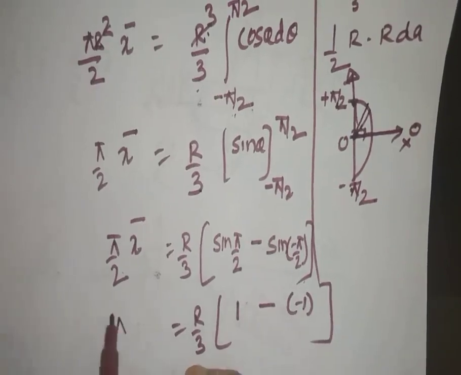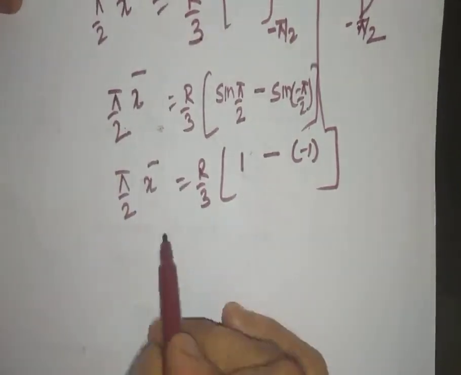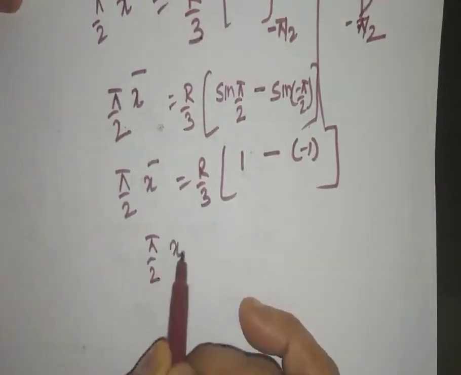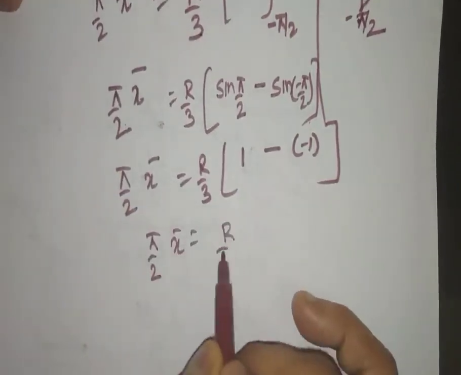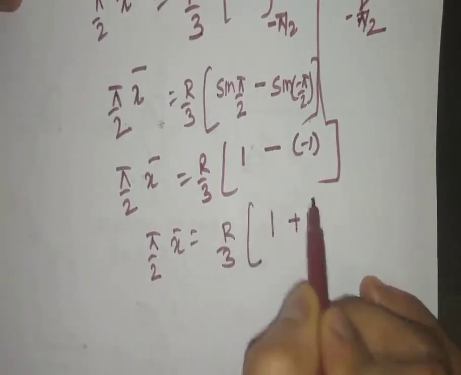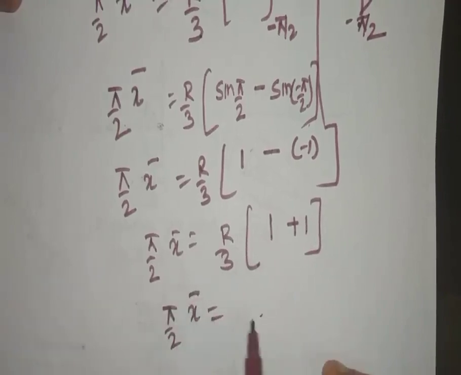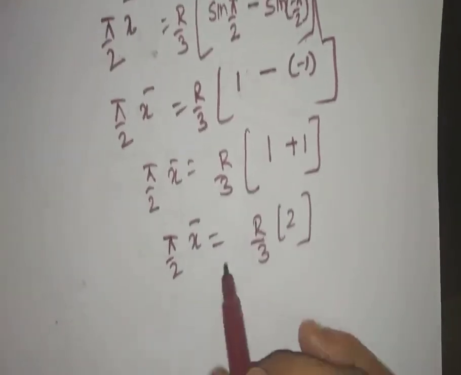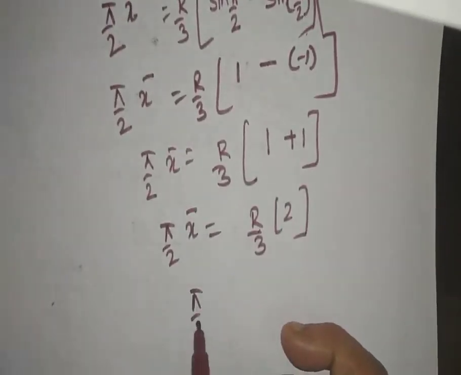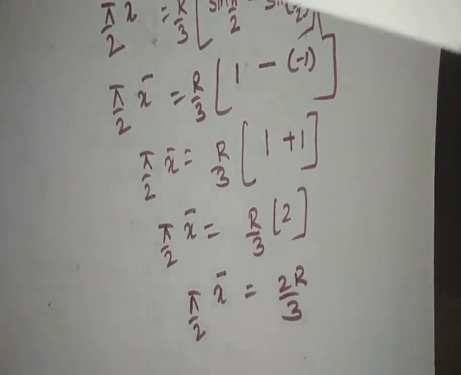So in the left hand side again pi by 2 into x bar as it is, equal to r by 3 as it is. Minus into minus will become plus 1. So this will be pi by 2 into x bar equal to r by 3 times (1 plus 1), and 1 plus 1 will be 2. So pi by 2 x bar is equal to 2r divided by 3.